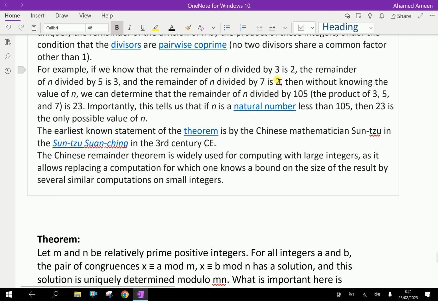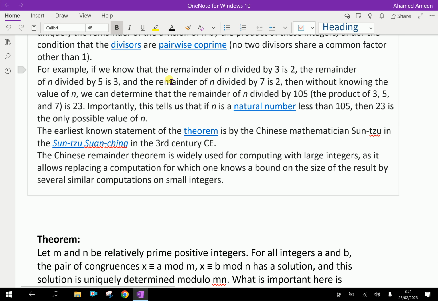For example, if we know the remainder of n divided by 3 is 2, the remainder of n divided by 5 is 3, and the remainder of n divided by 7 is 2, then without knowing the value of n, we can determine the remainder of n divided by 105, because we have to multiply those numbers.